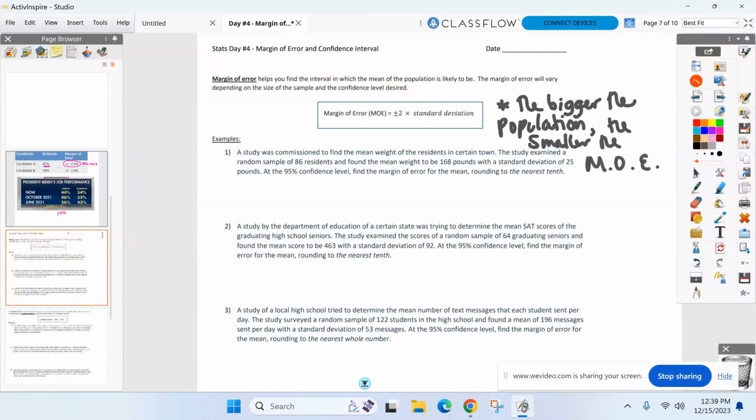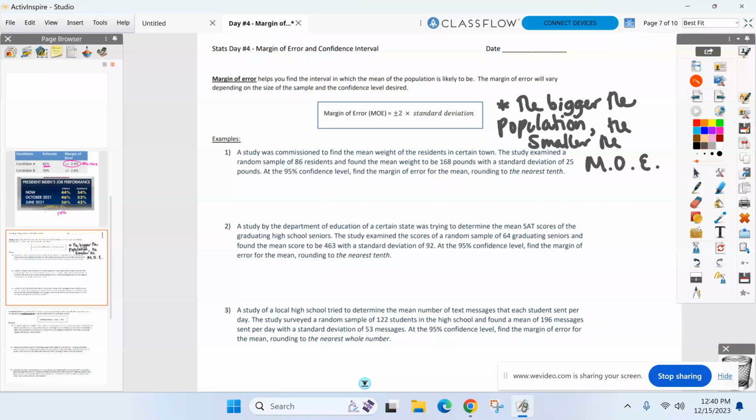The bigger the population, the smaller the margin of error. If I go back to my sleeping example and ask how many hours of sleep kids in Bethlehem High School get on average, and I just test you guys, I get an average. Let's say I throw in Mrs. Lynch's class. I'm going to get closer and closer to the actual average the more people I bring in, so that's why the margin of error is going to get smaller.